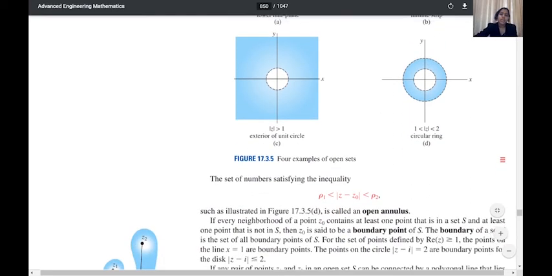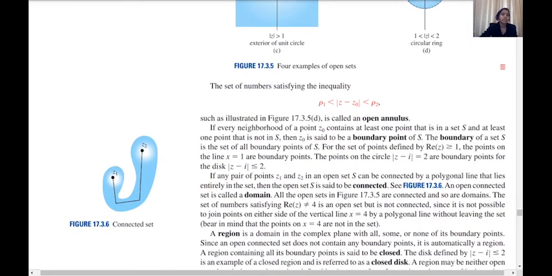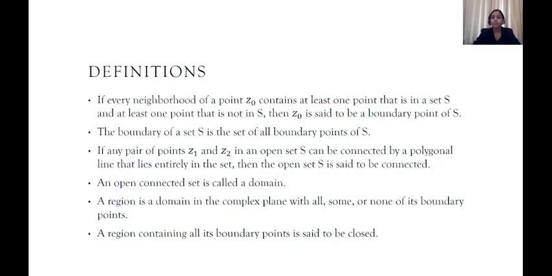So these are all connected sets. Figure 17.3.6 is also a connected set. It is not necessary that they be joined by a straight line, it is just that they should be joined by polygonal lines. A set of polygonal lines is enough, then they are said to be connected.